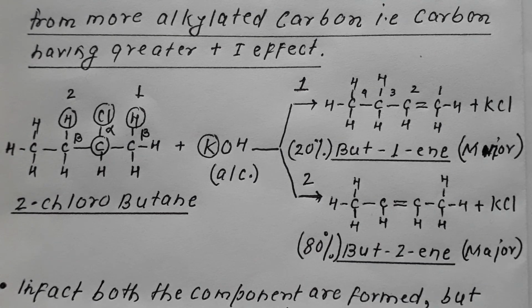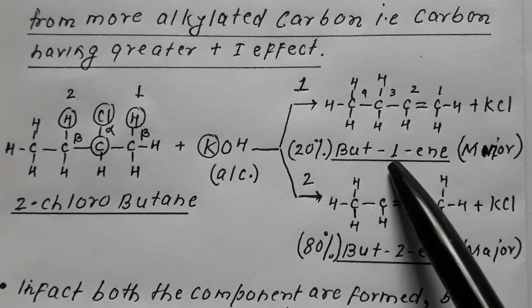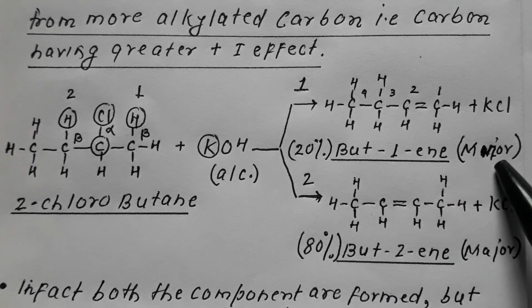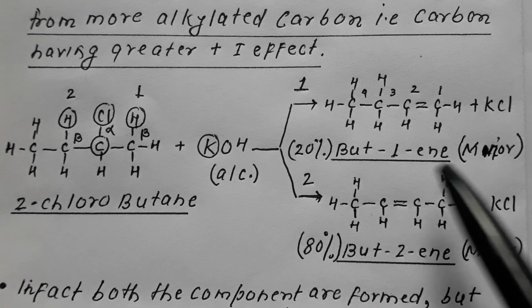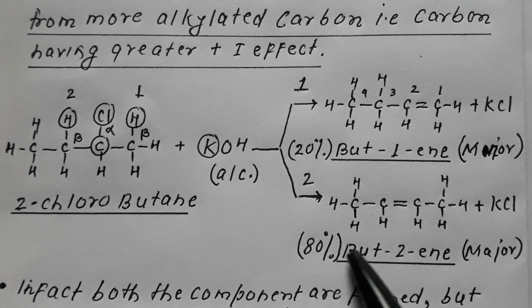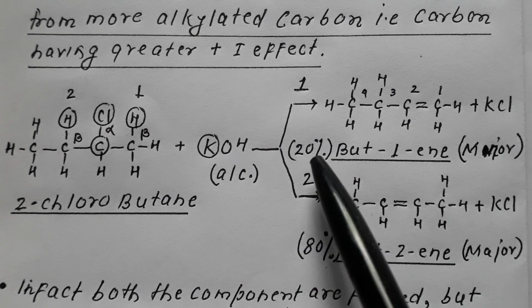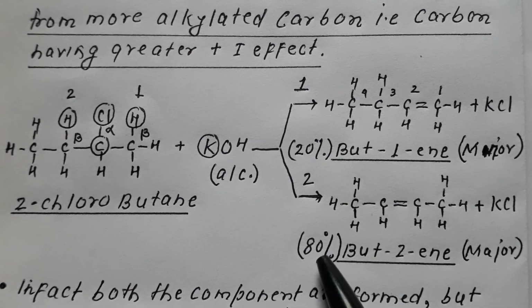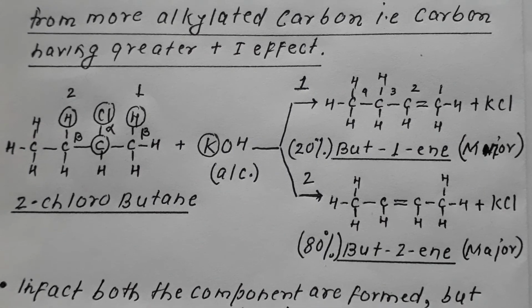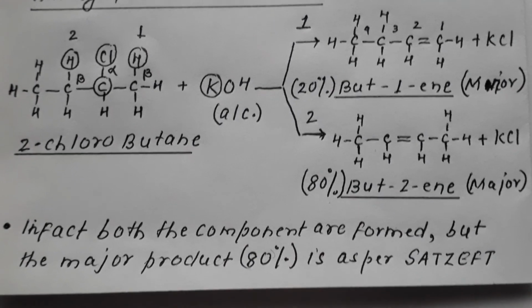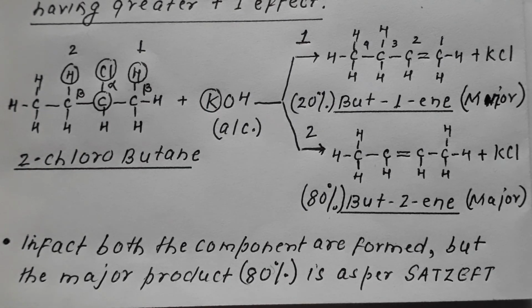But-1-ene would be the minor product, formed only about 20%, and but-2-ene would be the major product, formed about 80%.